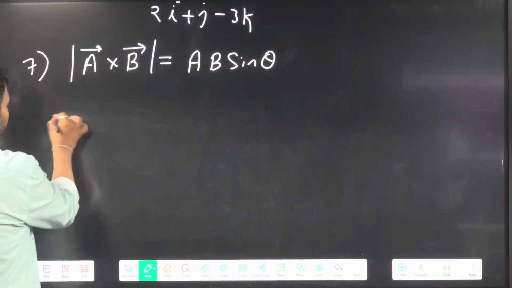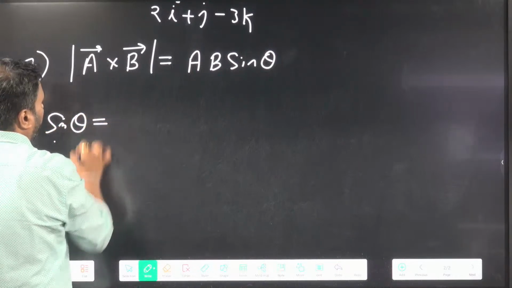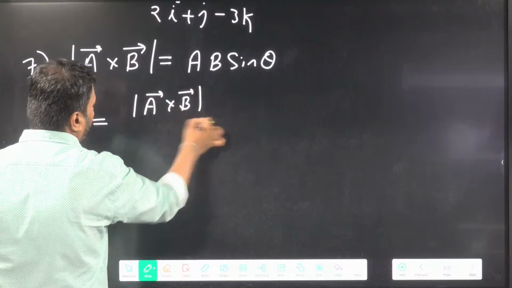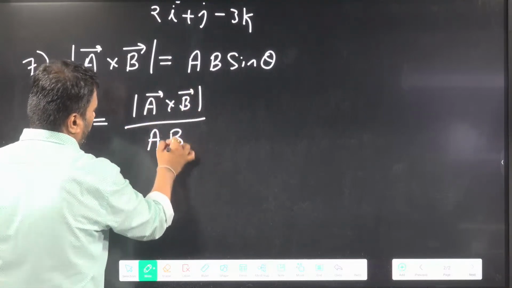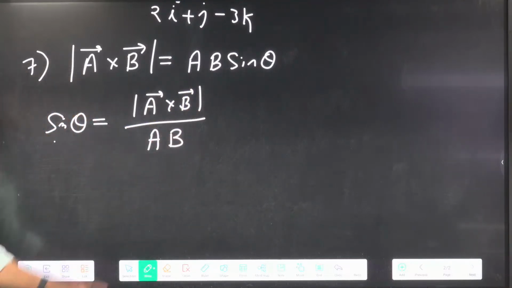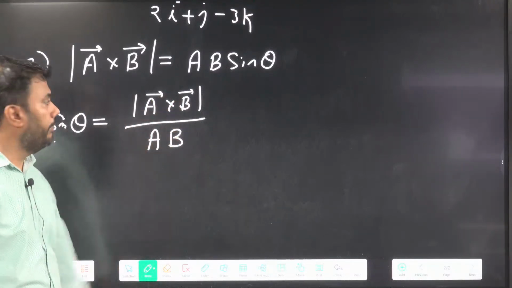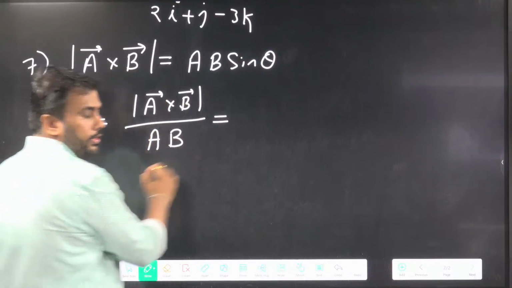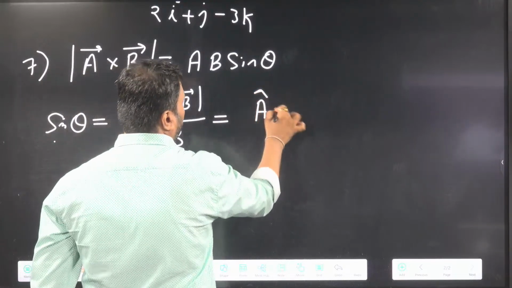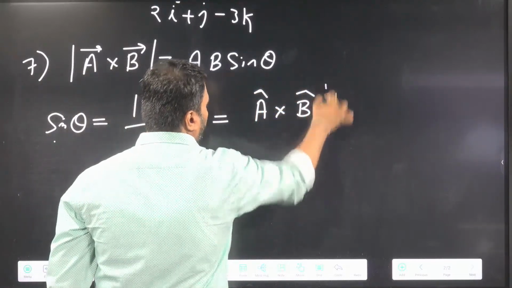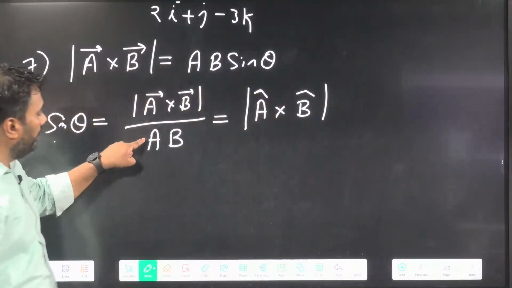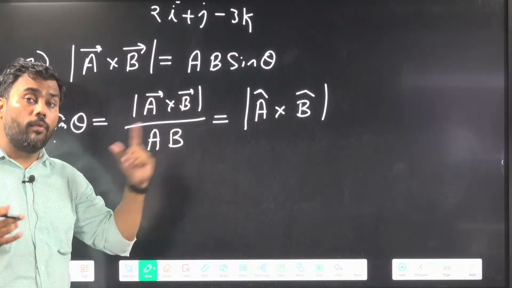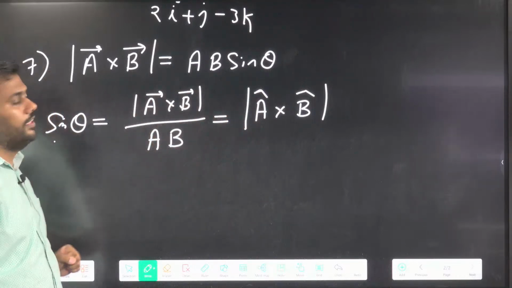So in order to find sine of the angle between two vectors, we can take magnitude of A cross B divided by AB. Vector A by A is A cap, and vector B by B is B cap. Vector divided by magnitude is a unit vector. So mod of A cap cross B cap gives you sine theta.